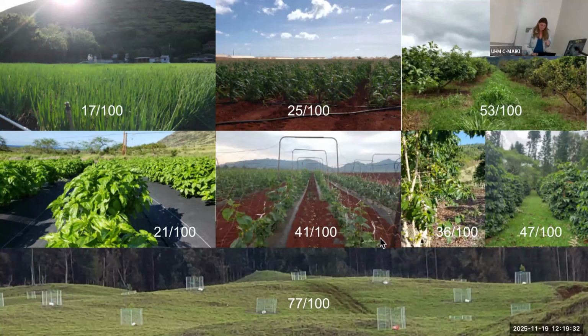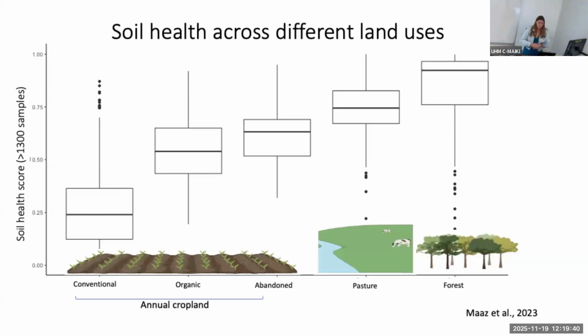So we generally, I'll show you the next slide, we see increasing scores in perennial systems, but we see a range of scores as well. And so this is what it looks like if you look at over 1,000 samples across different land uses. This is how they've scored out.